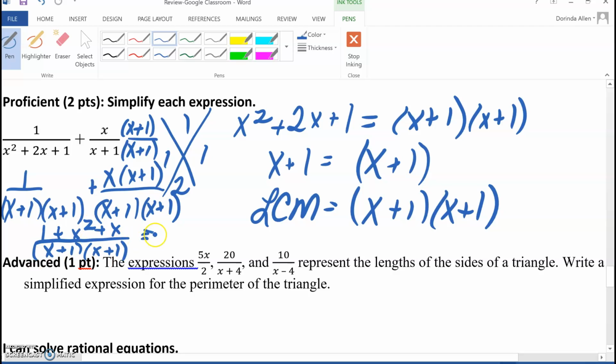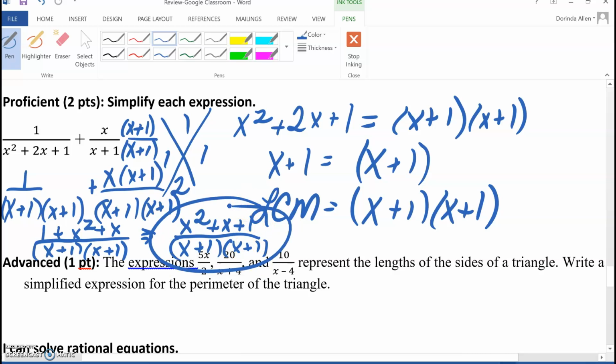You could leave it like that. Definitely will take that answer, but preferred would be this in standard form, and this in standard form also. So I have x squared plus x plus 1 over x plus 1, x plus 1.